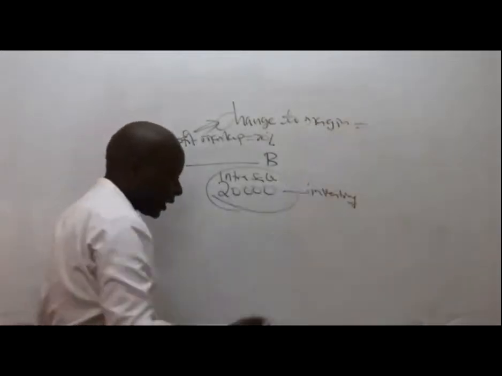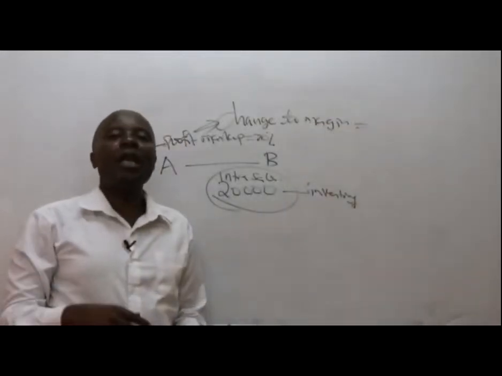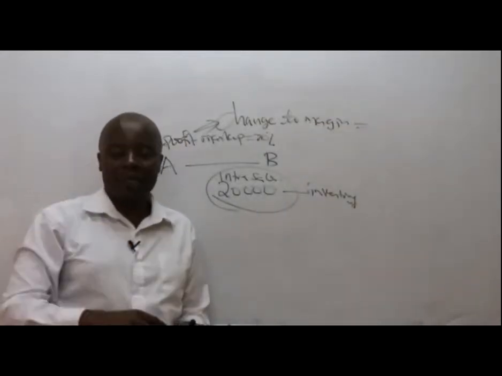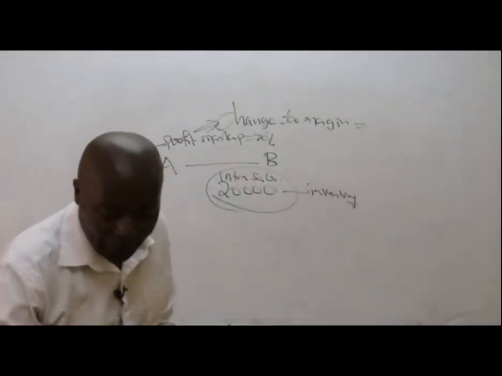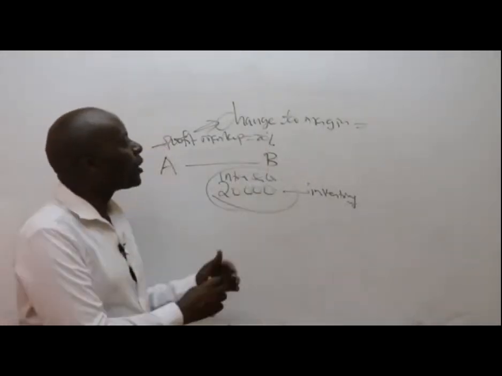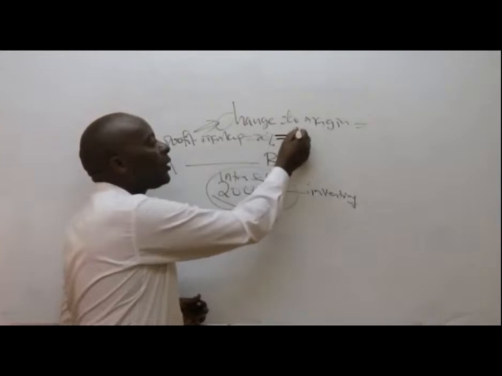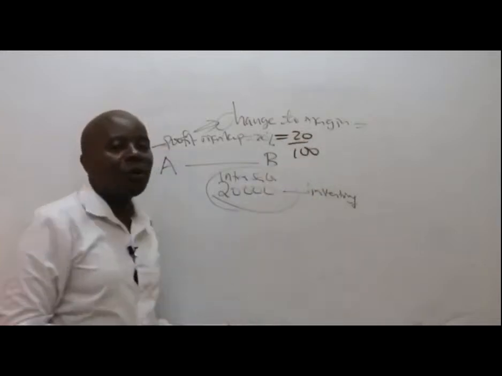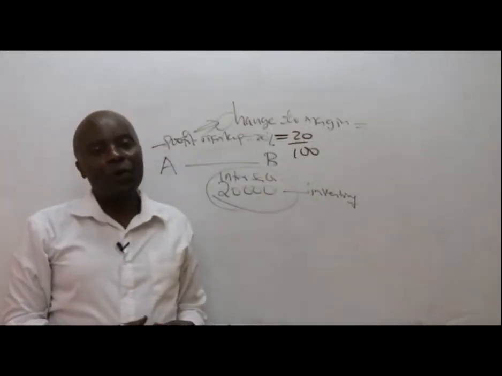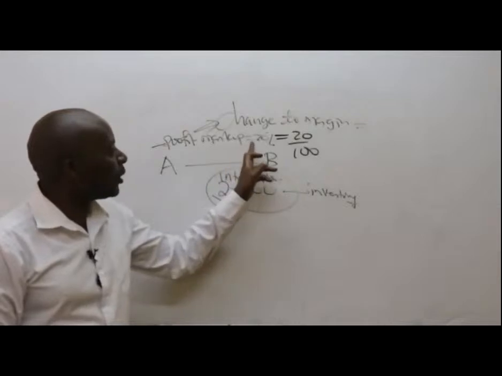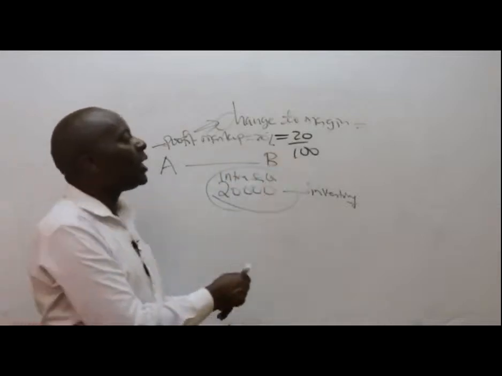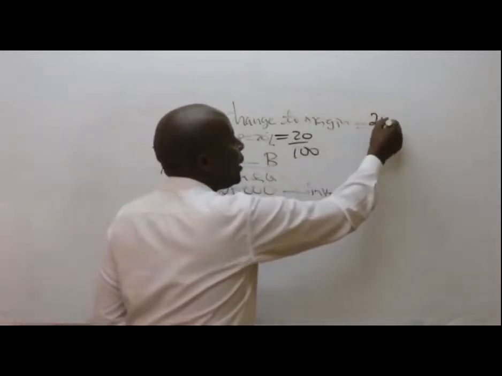And then very fast, I'll remember that the margin has a bigger denominator. When you see 20%, this is the same as 20 over what? 100. 20 over 100. So when you see a markup of 20 over 100, then the margin, my great students, will be 20 out of what?